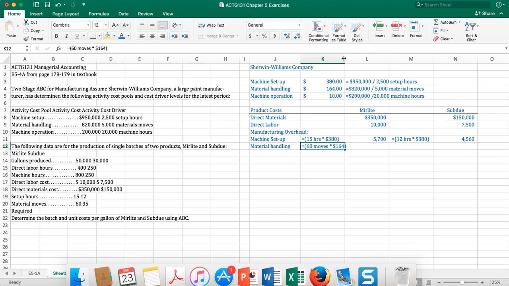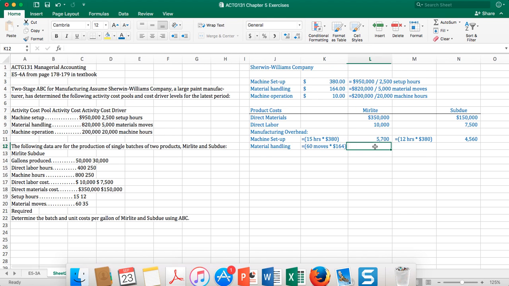Let me broaden this just a little bit. Okay, so here we go. For Merlite, it'll be $9,840. Let's do the same for Subdue. Again, this is 35 moves multiplied by $164 per move.